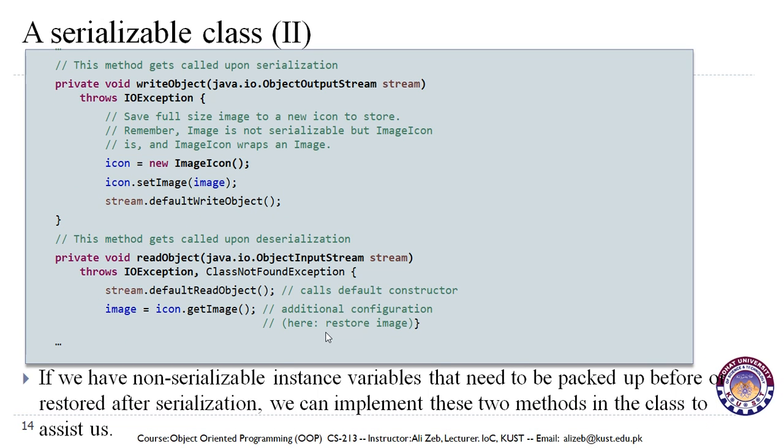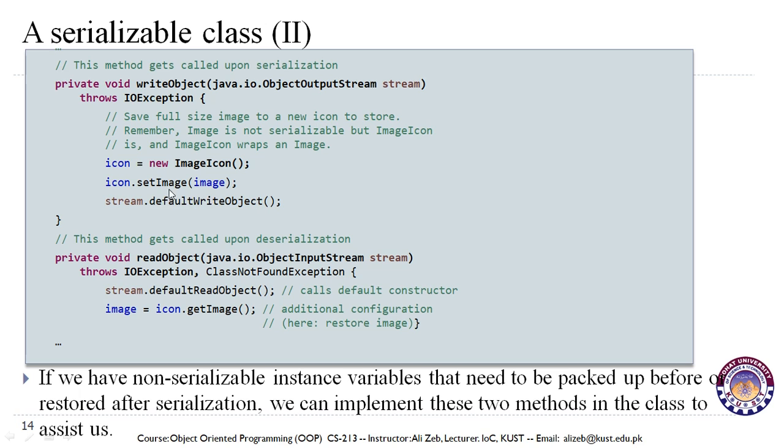If we have non-serializable instance variables that need to be packed up before or restored after serialization, we can implement these two methods in the class to assist us. So we have writeObject, for example, where the image is not serializable. We save the full-size image to a new icon to store. Remember, Image is not serializable but ImageIcon is, and ImageIcon wraps an image. So the icon stores the image.